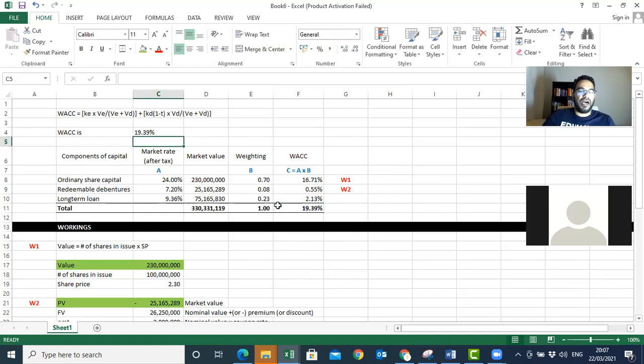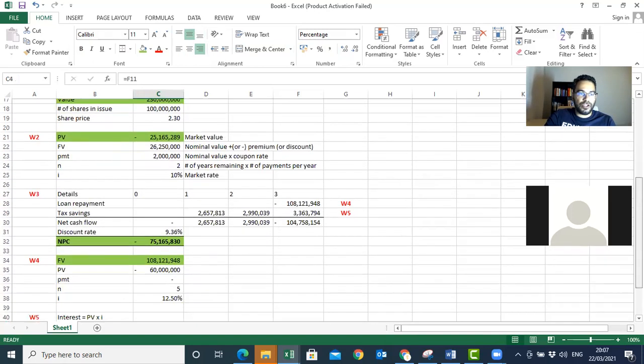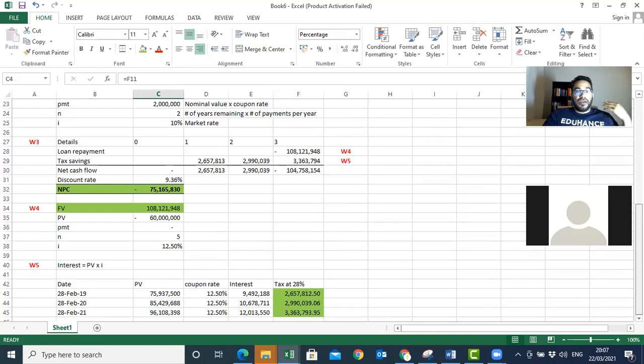So that's basically how we go about doing it, and that is how we calculate the market value under section 24J.